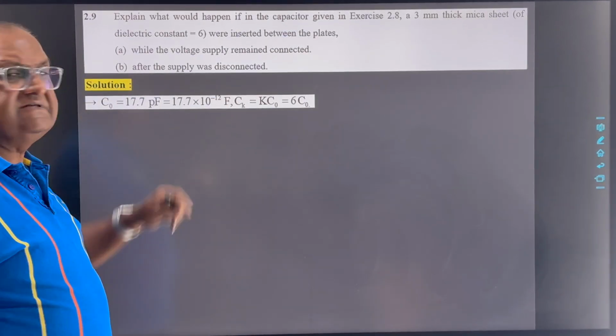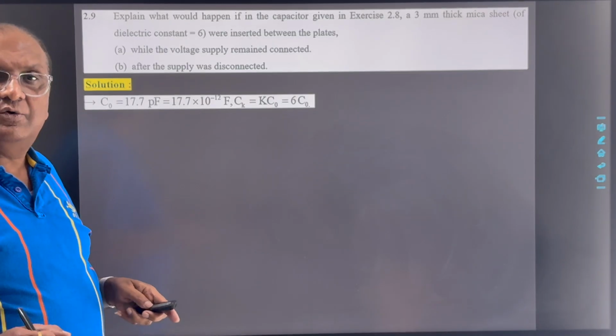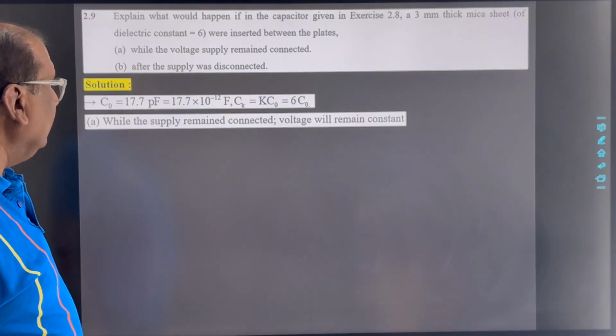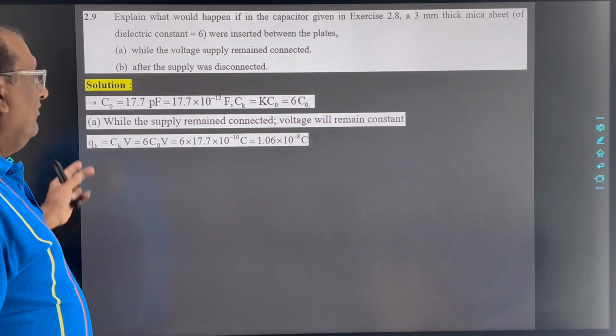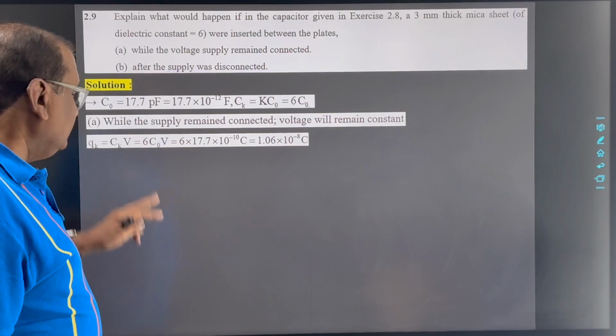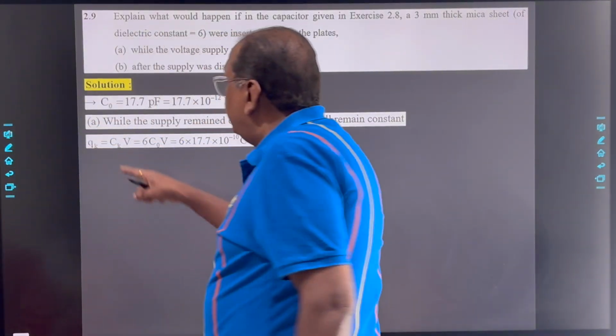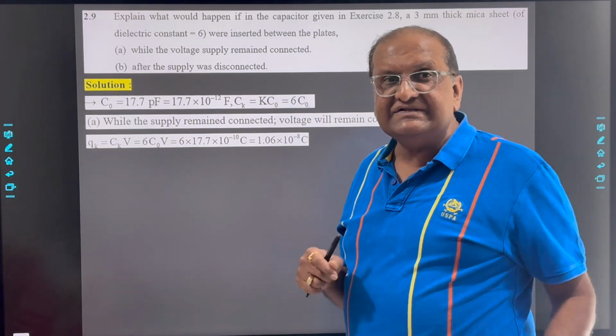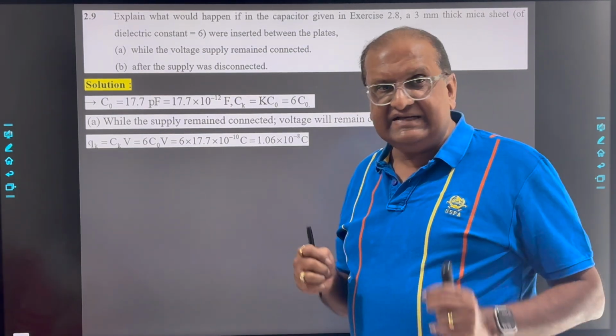Now if this dielectric substance is introduced while voltage supply remains connected, then voltage will remain constant, and charge will now be Qk equal to Ck into V, because now capacitance is changed, supply is as it is.